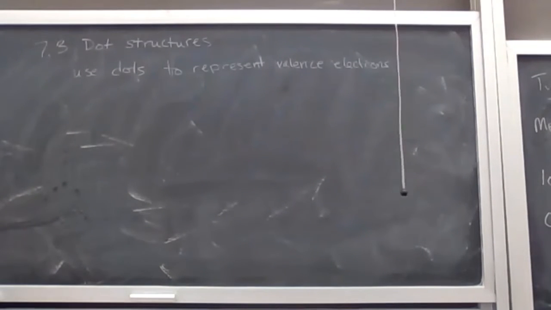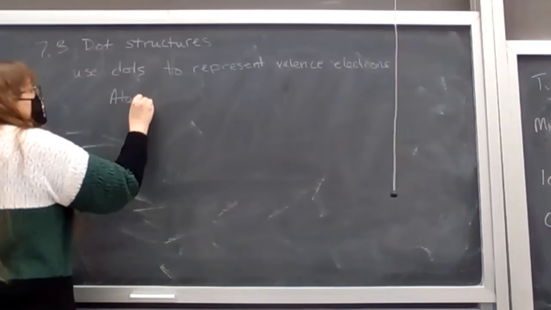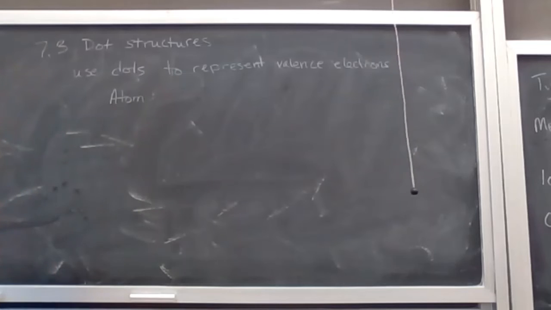We could do this with any element. For our elements, if I'm just looking at one individual atom, we're going to mentally put an invisible square around the atomic symbol.